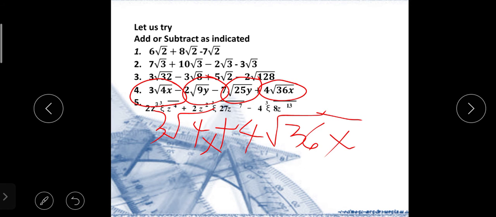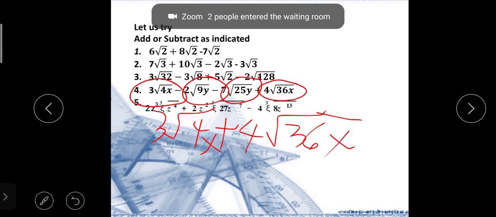Okay? So, pag finactor natin yung 36x, ano yung pwede nating gamitin na makakakuha tayo din ng 4x? Pwede tayong gumamit ng 9. Perfect square naman yung 9.